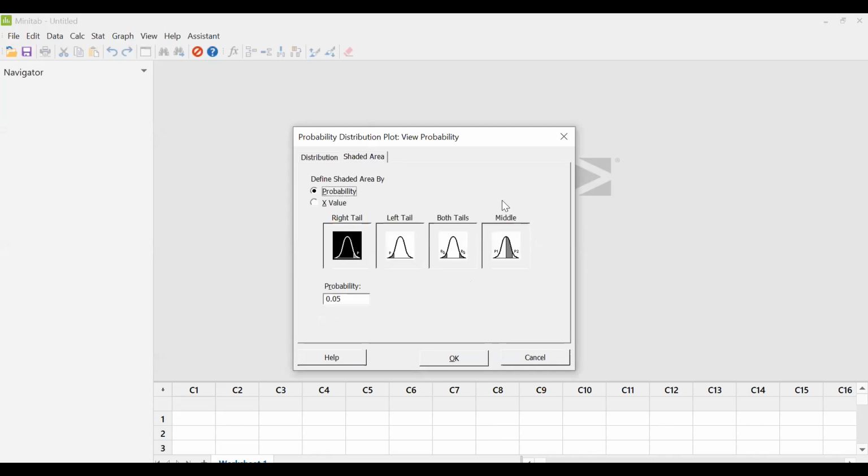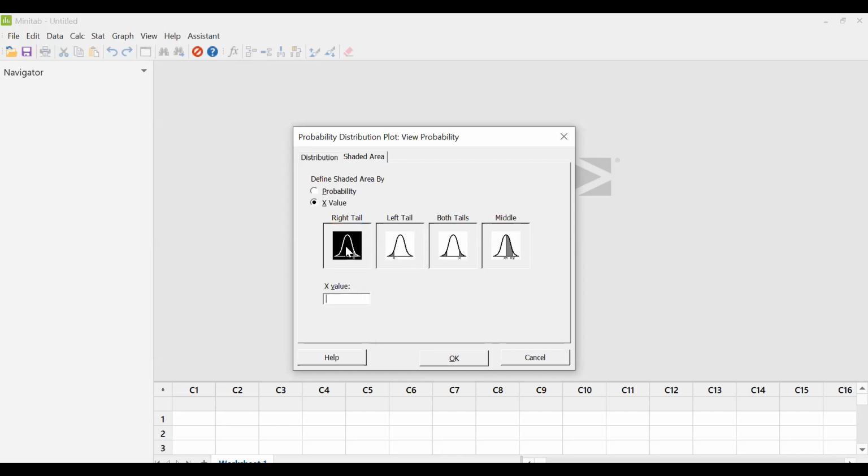Okay, so we'll do the shaded area, and these become a little bit confusing because when you're looking for proportions, they're decimals between 0 and 1. That's sort of like probabilities. But I want to find the probability that we win more than half. So I don't know the probability. I know the cutoff point, and I want more than half.